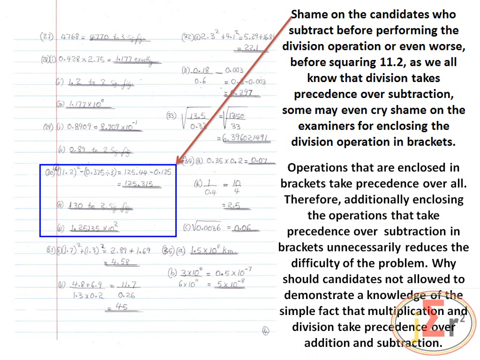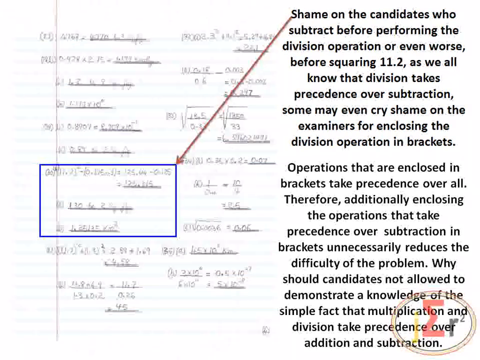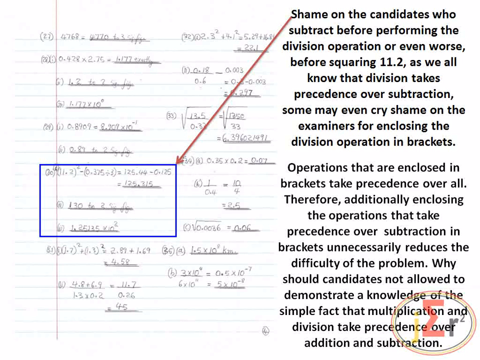Therefore, additionally enclosing the operations that take precedence over subtraction in brackets unnecessarily reduces the difficulty of the problem. Why should candidates not be allowed to demonstrate a knowledge of the simple fact that multiplication and division take precedence over addition and subtraction?